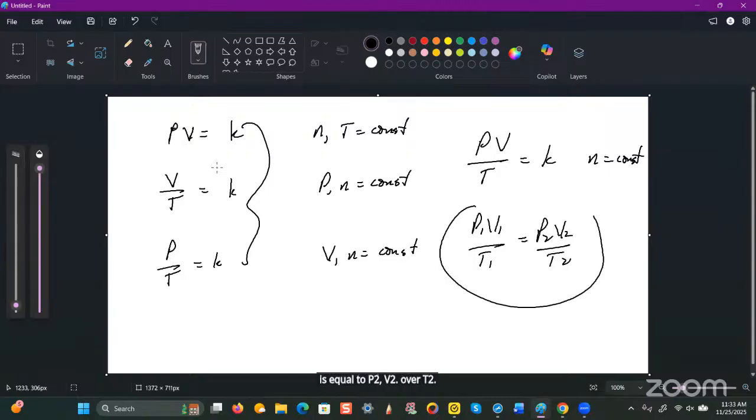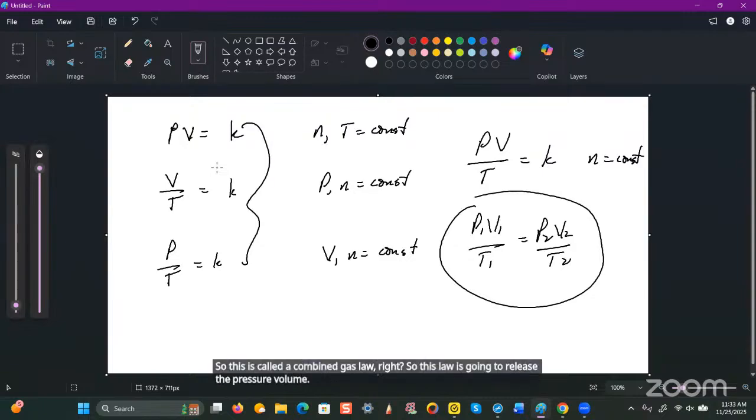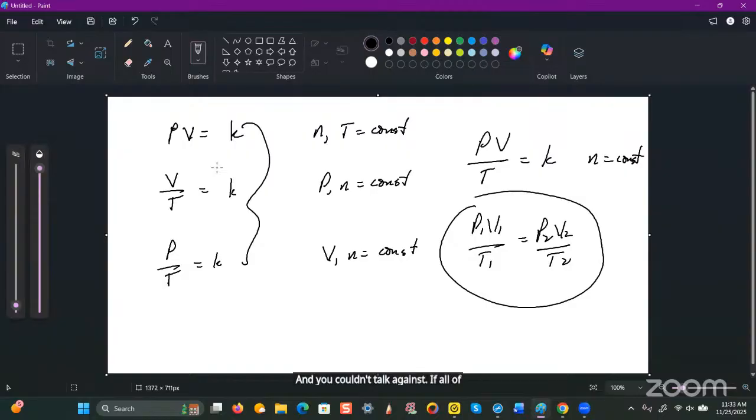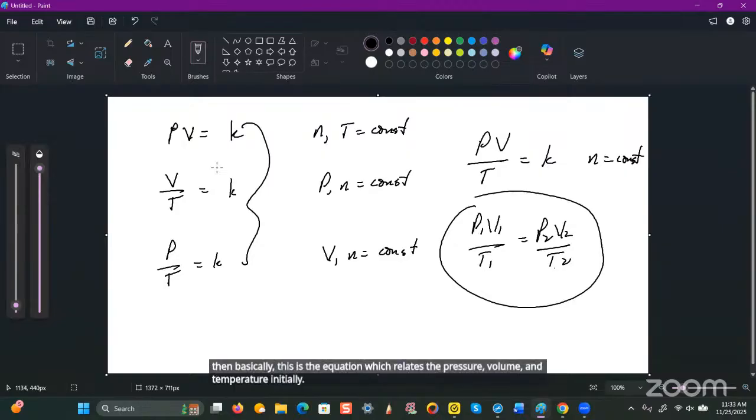So this is called the combined gas law, right? This law basically relates the pressure, volume, and the temperature of the gas. If all of them change at the same time, then this is the equation which relates the pressure, volume, and temperature initially to the pressure, volume, and temperature at the end.